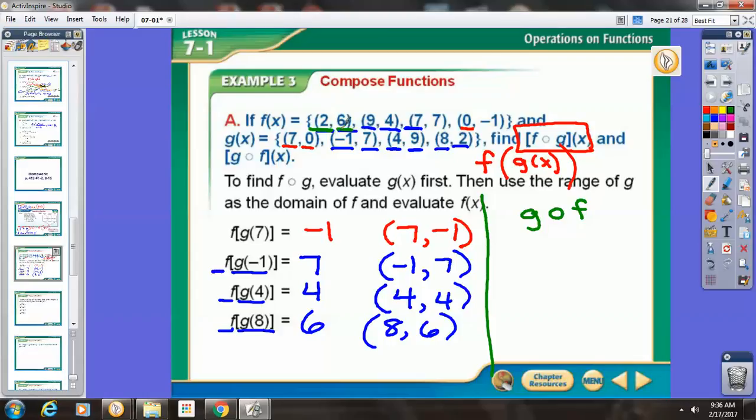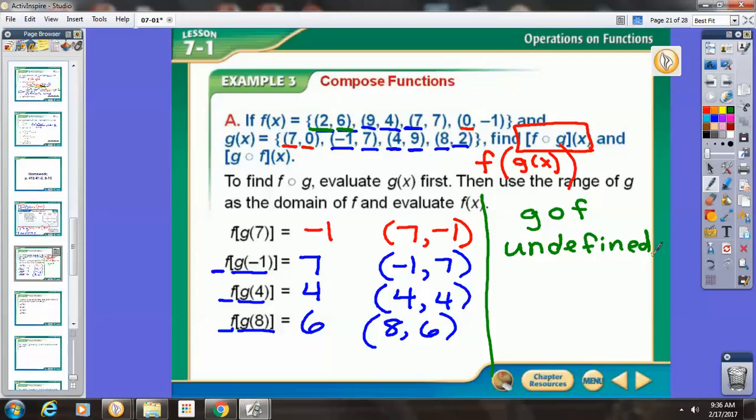So it's going to be 2 comma something, right? So let's put 6 into the G function. Can I put 6 in for X? I can't, can I? There's not an X coordinate in the G function. So we're going to say that first G composite F is undefined. It didn't work out, so I'm just going to write it as undefined for each one that does not work.